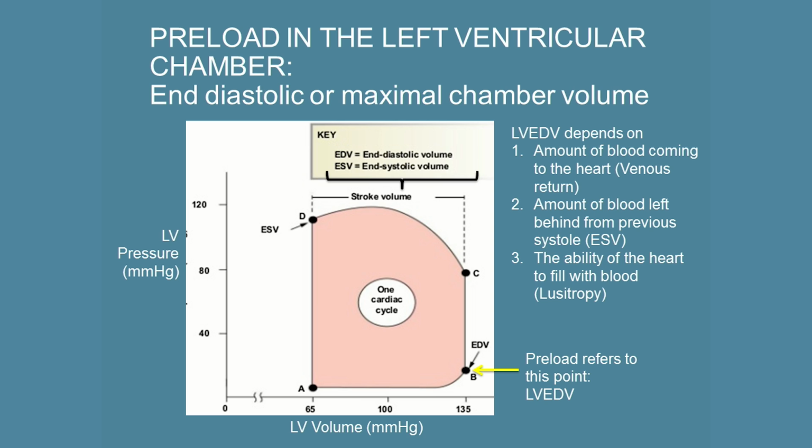It also depends on the amount of blood left behind from the previous systole. And finally, it depends on the ability of the heart to fill with blood. If the heart is relaxed and very compliant, it may fill with more blood than if the heart is stiff and not very compliant. This is a property referred to as lusitropy.